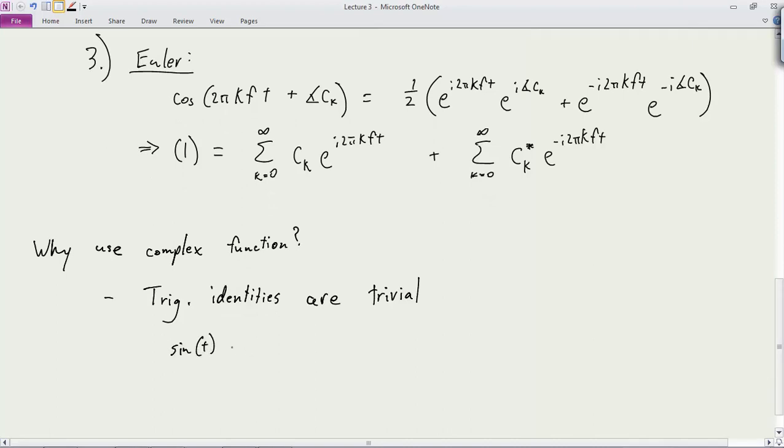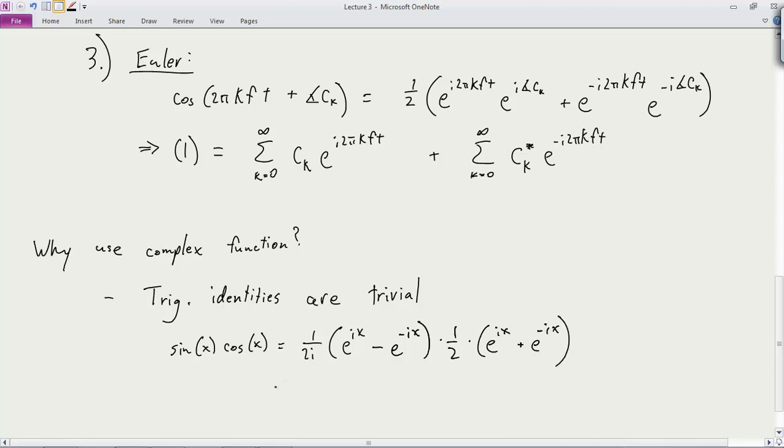Sine of t cosine of t equals 1 over 2i e^(it). Now let's make it x just so that we're more comfortable with that. e^(ix) minus e^(-ix) times 1/2 times e^(ix) plus e^(-ix).